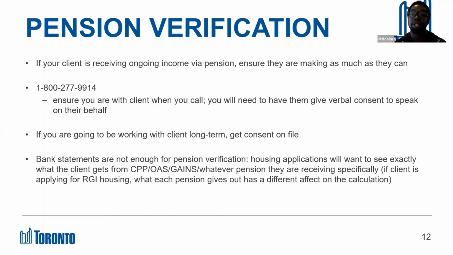But I've tried this method and it hasn't really worked, because in terms of the RGI calculations, I think each type of pension may have an effect on what the RGI calculation actually is. So whatever pension your client is getting, you'll need a breakdown of what the pension is and the money they get from each of those specific pensions.